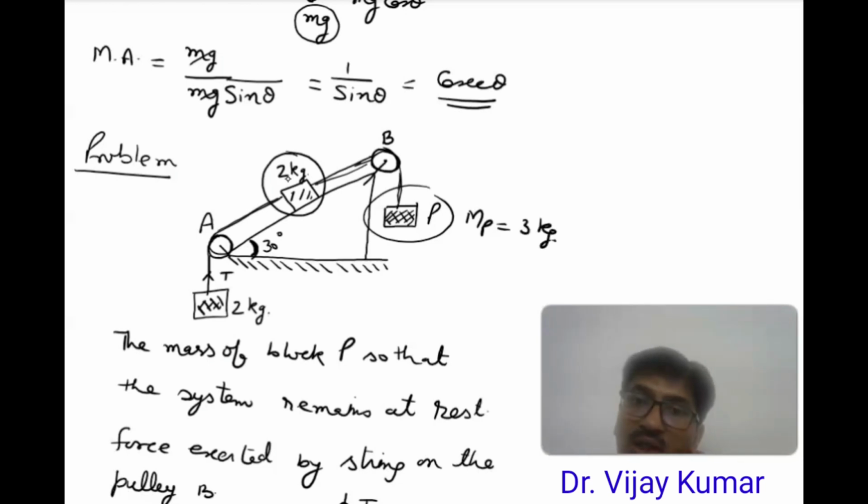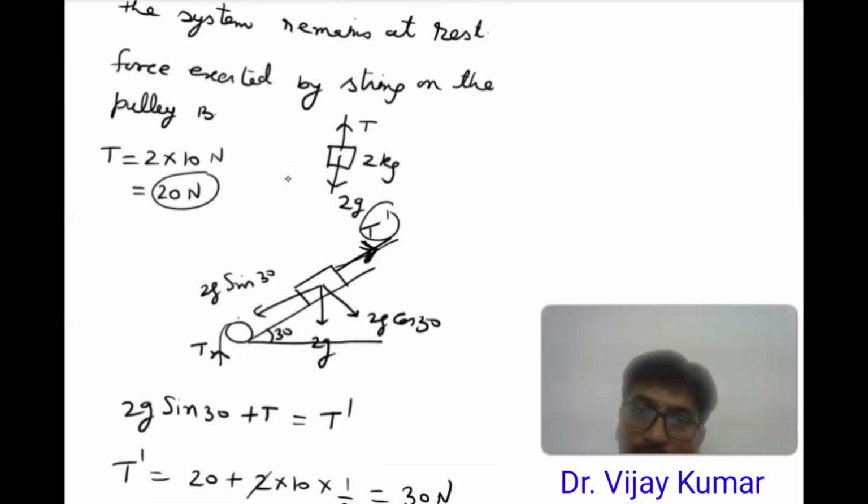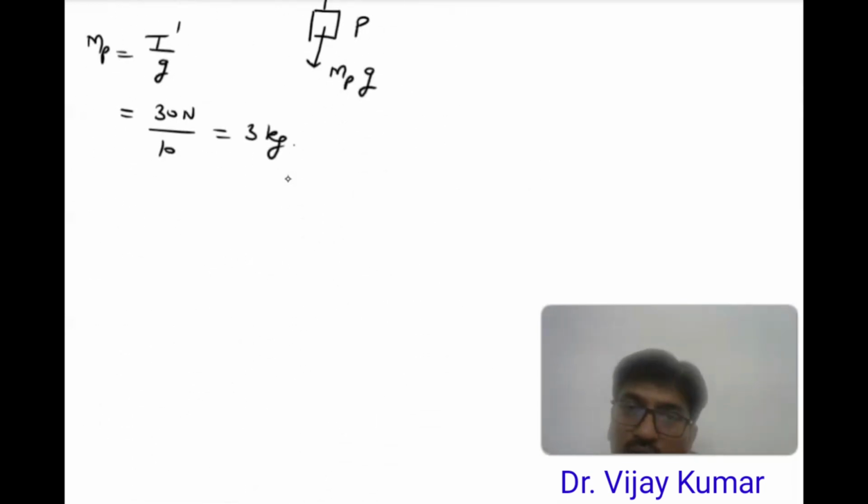Now we have to determine the force exerted on this pulley B. So we know that the tension in this direction is T dash, and again it is T dash. We can draw the diagram.